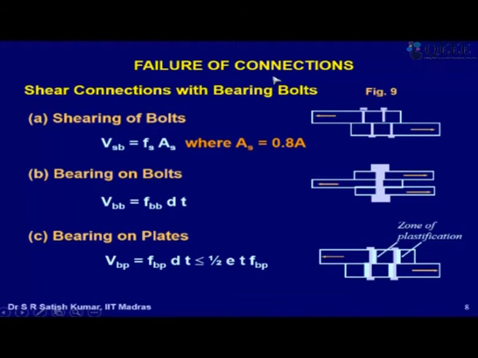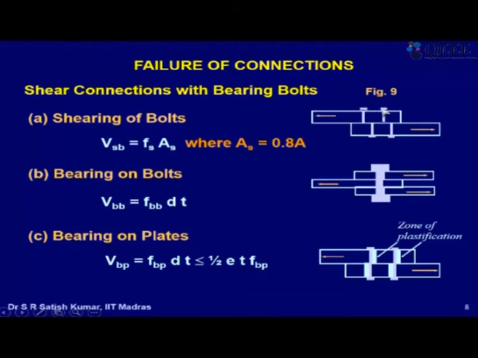Now let's look at the modes in which these bolted connections can fail. We start with first the shearing of the bolt. You can see as we increase the tension, these bolts have sheared off and practically the connection has failed. Basically the shearing strength will be a function of the shear stress times the area which is getting sheared.